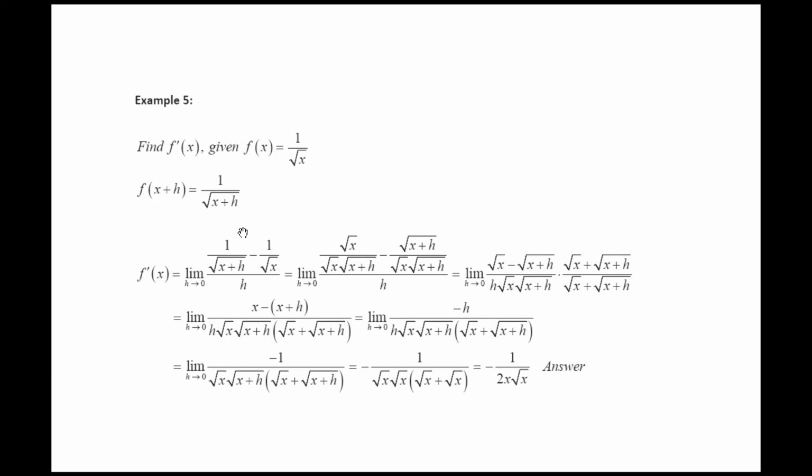What I'm going to first do is get a common denominator, and that's the product of the two denominators. Okay, well, to put a square root of x here, I've got to put 1 up here, and to get a square root of x plus h here, I've got to put 1 here. Okay, all over h. And now what I'm going to do is multiply the numerator and denominator by the conjugate of the numerator, which is square root of x plus square root of x plus h.